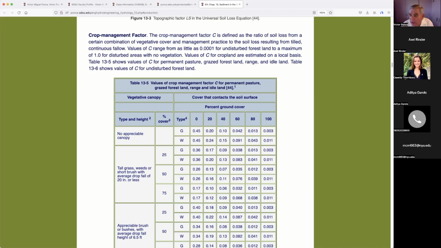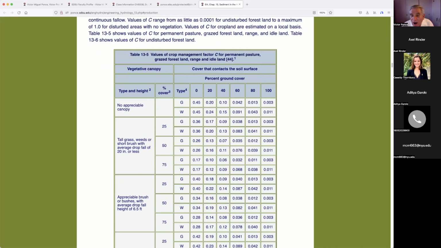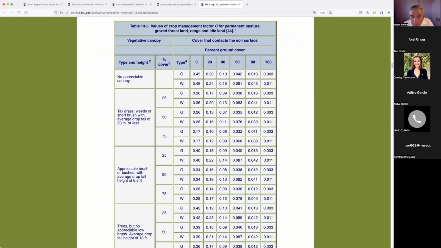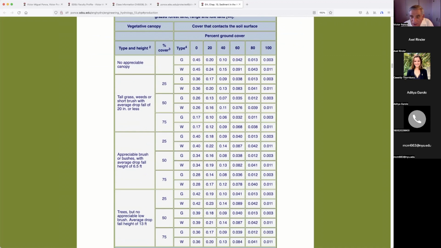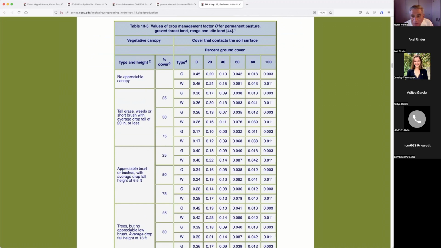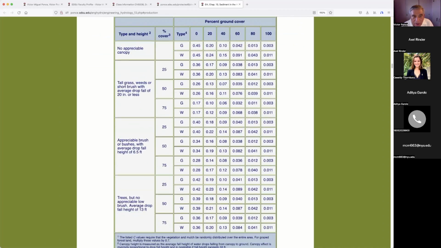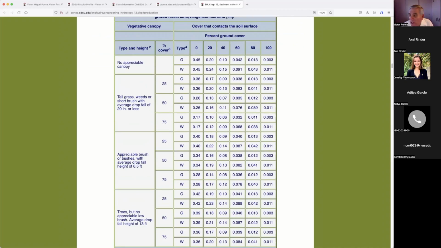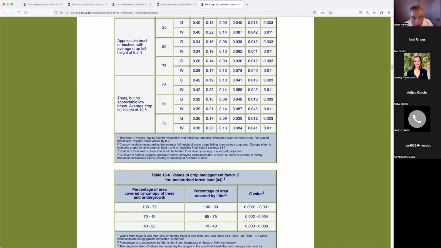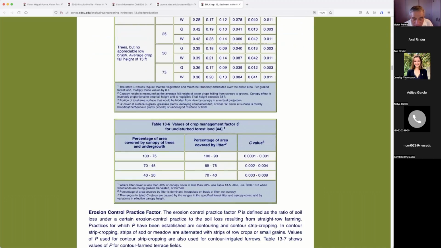So all these numbers have to be less than 1, and they are, as you can see. The proportions can be 0.45, or 0.04, or less, even values like 0.003, for percent ground cover and for different types and heights of vegetative canopy. So you can examine these and take a look at this whole thing in here.